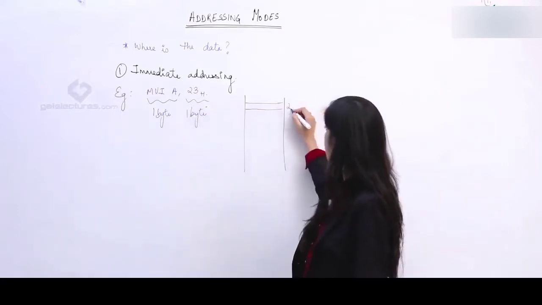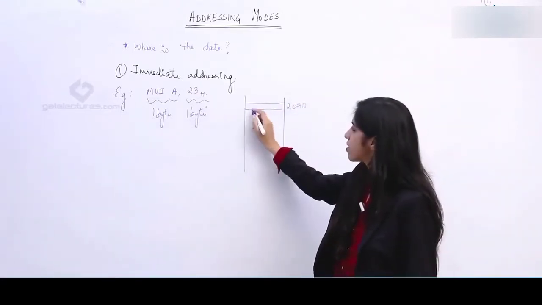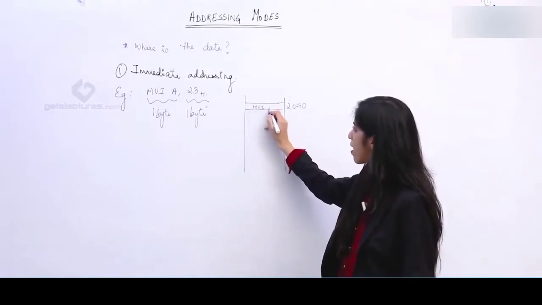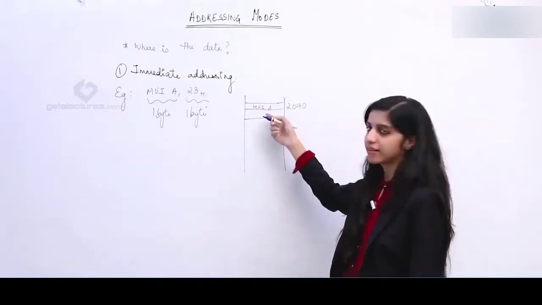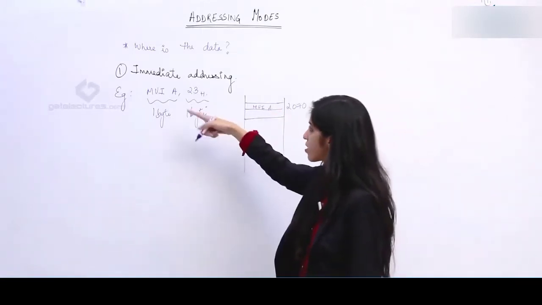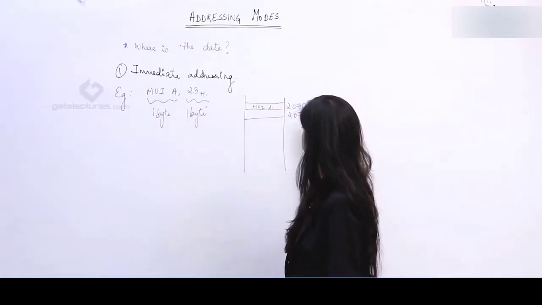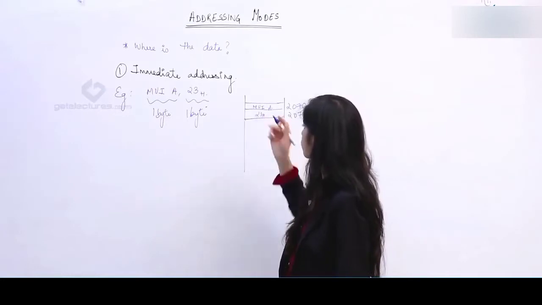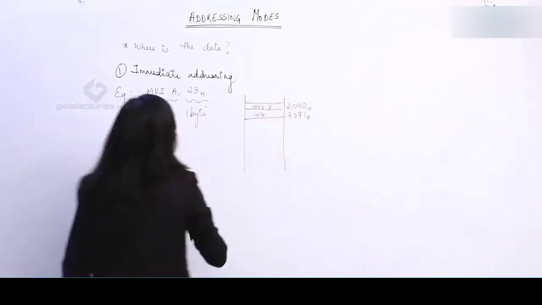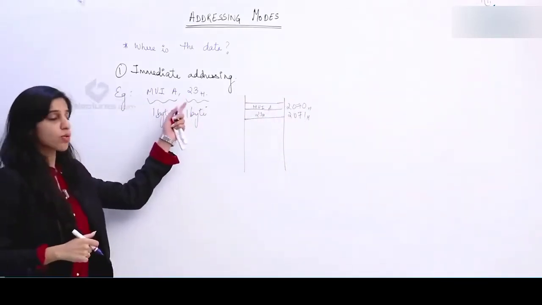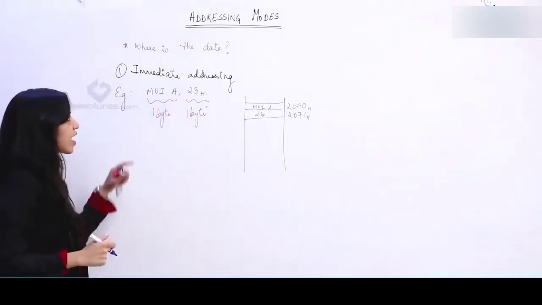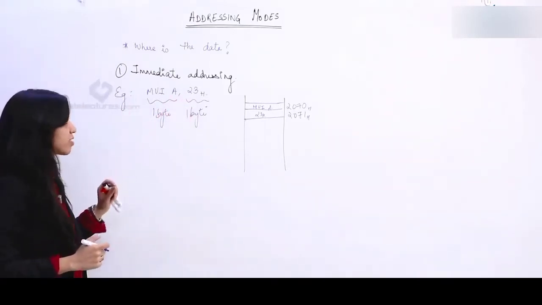Suppose at memory location 2070, this MVI A was stored. In the next memory location, 2071, this 23 is going to be stored. So the data is stored in the immediate memory location. That is why this is known as immediate addressing mode.